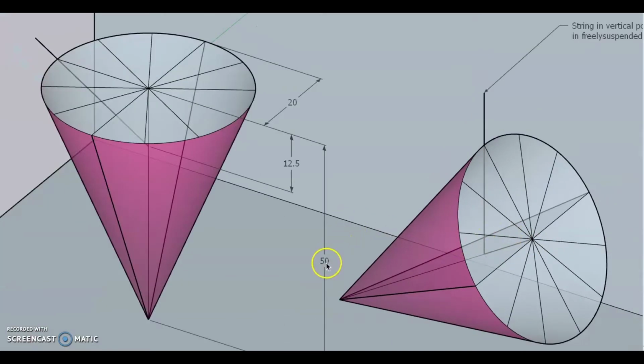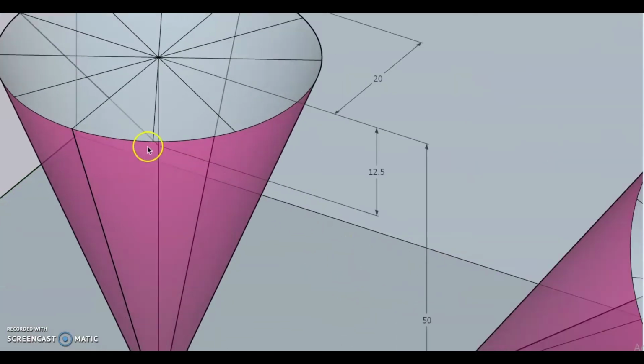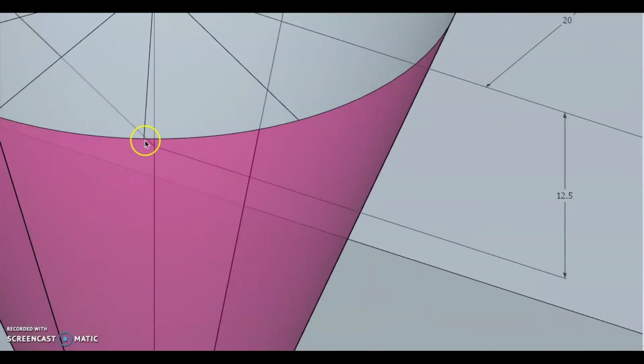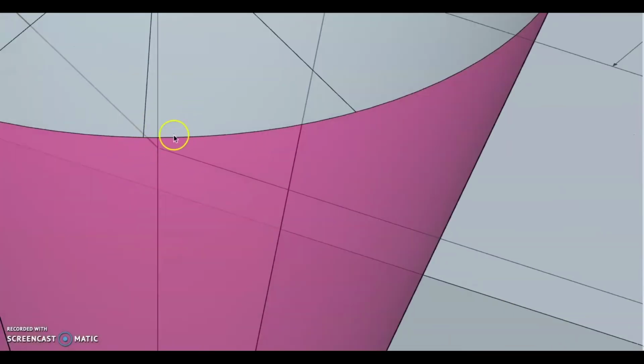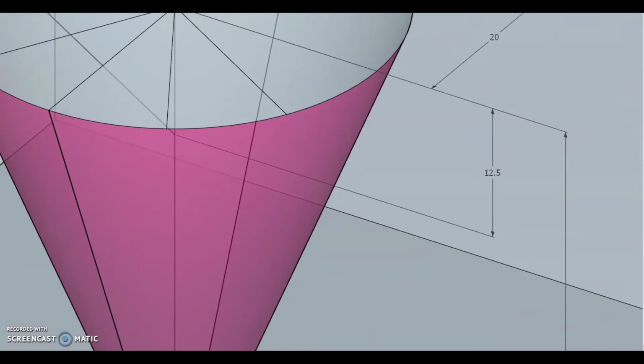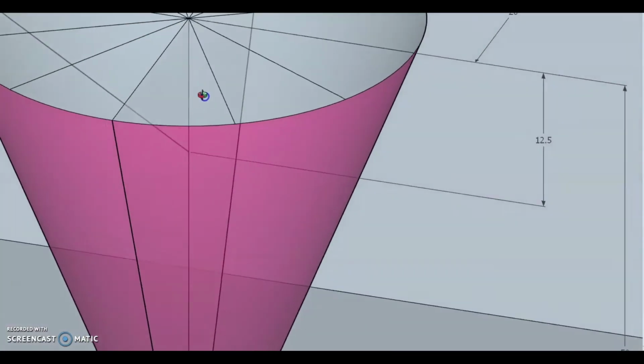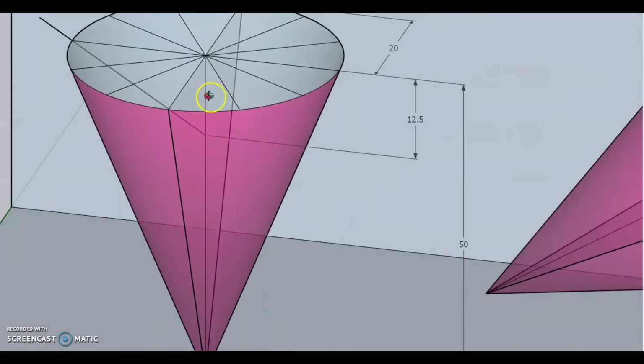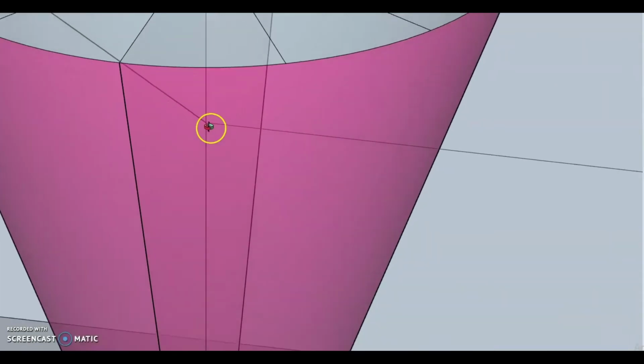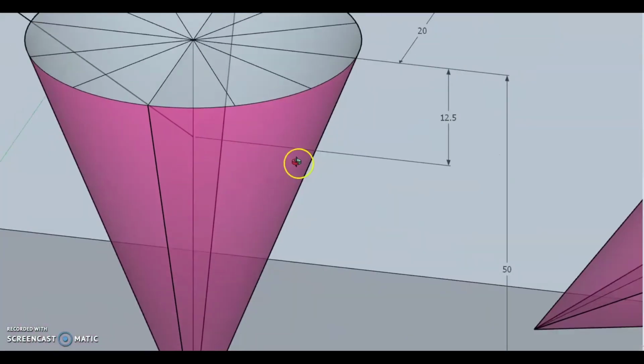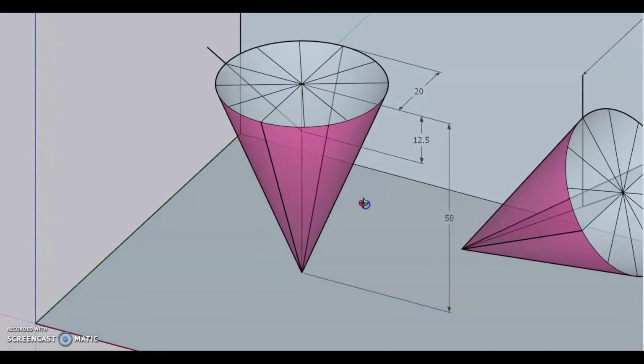So as the height of the axis is 50 mm, this is the axis, and along this axis this point will be at a 12.5 mm distance.